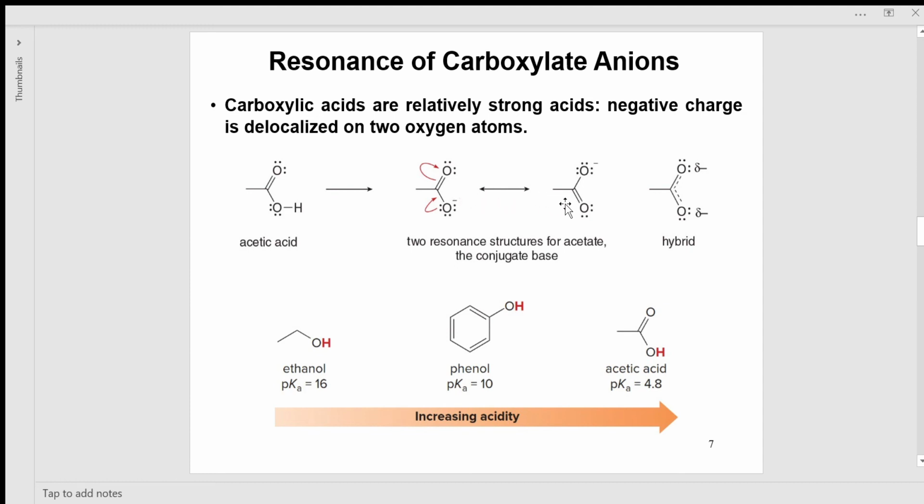So when we do the resonance structure, we shift the negative charge from this oxygen to this oxygen. So this is a hybrid structure. There is one full negative charge in this molecule, and in the final result each oxygen atom shares a half negative charge.